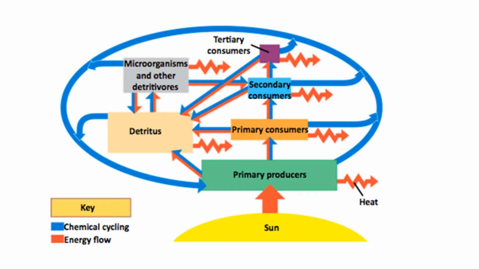And again, the largest number of those organisms are going to be the primary consumers, or herbivores, which will get the most energy out of those plants. And then finally the secondary consumers who are consuming the primary consumers, and lastly our tertiary consumers, our top level predators. And as we talked about the other day, everything has to die.